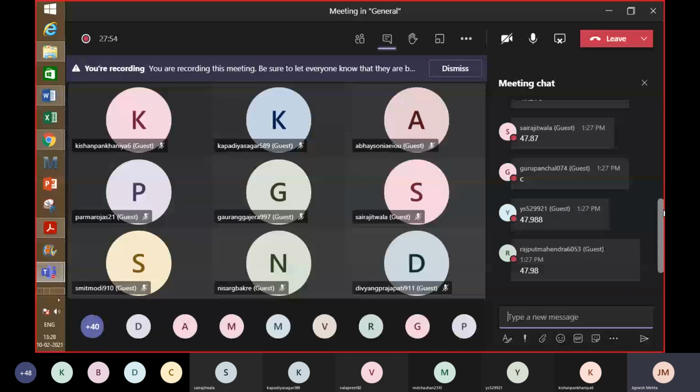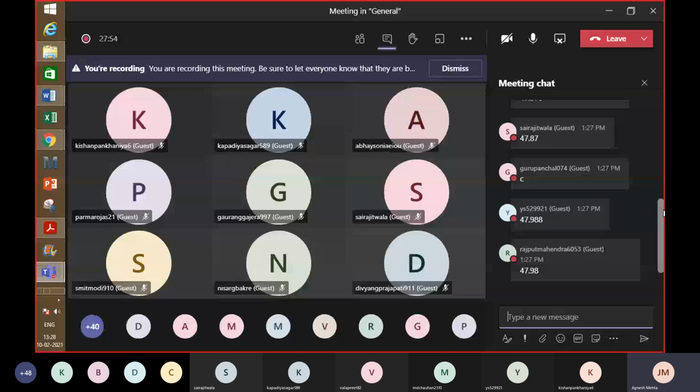Okay, so it's 47 point something. There is a bit of deviation. There should not be much deviation. You can check what is the reason for the deviation. So it's 47 point something.